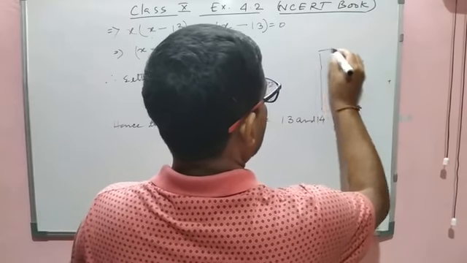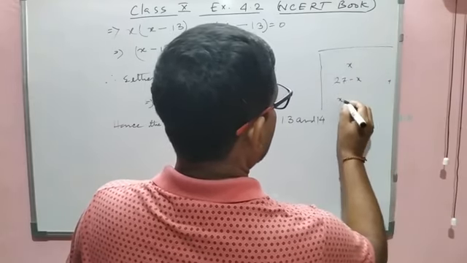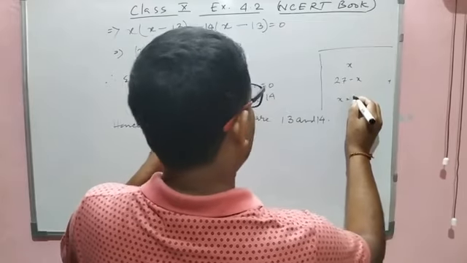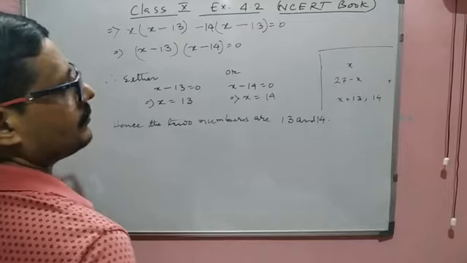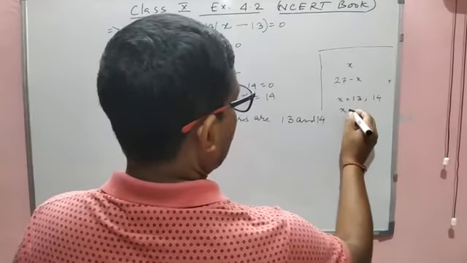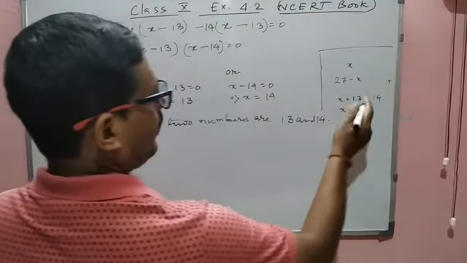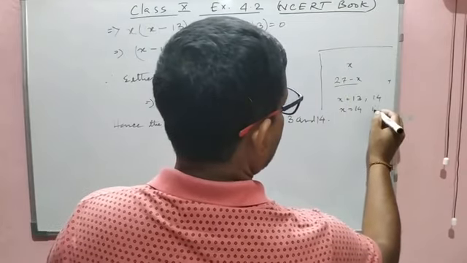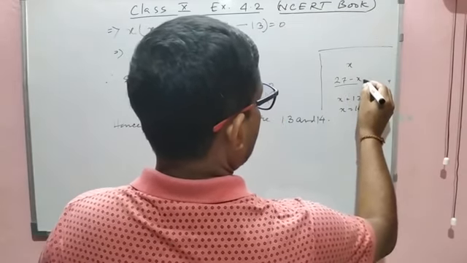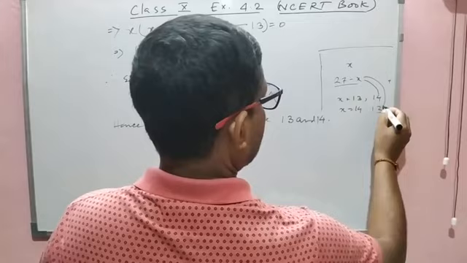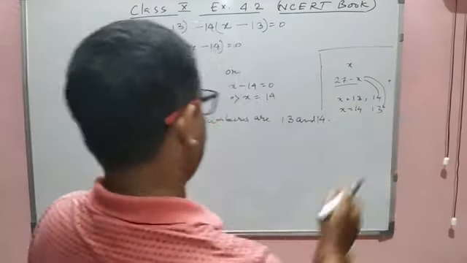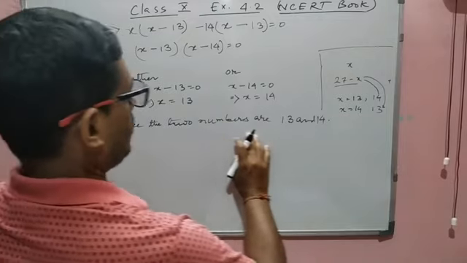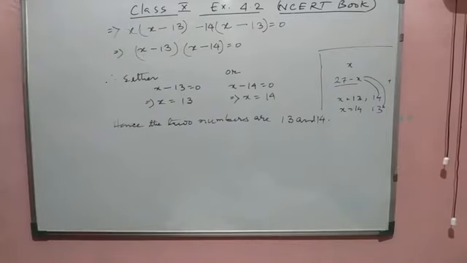If x equal to 13, then this will be 14. If x equal to 14, then this will be 13. Correct? It may be this one or this one, depending on the value. So ultimately the numbers are 13 and 14 or 14 and 13. That is why we have written that the two numbers are 13 and 14.